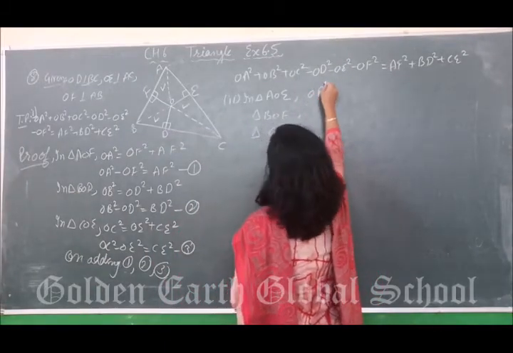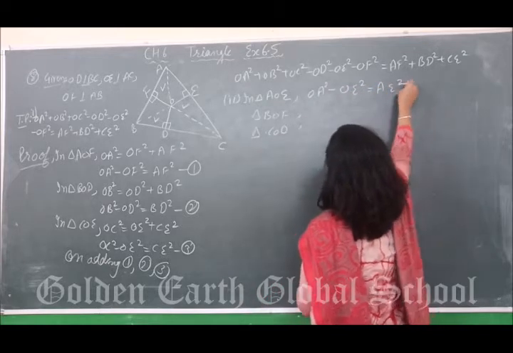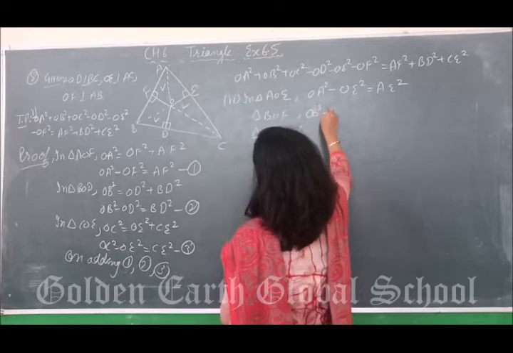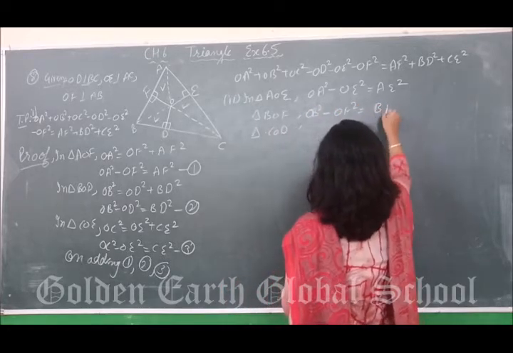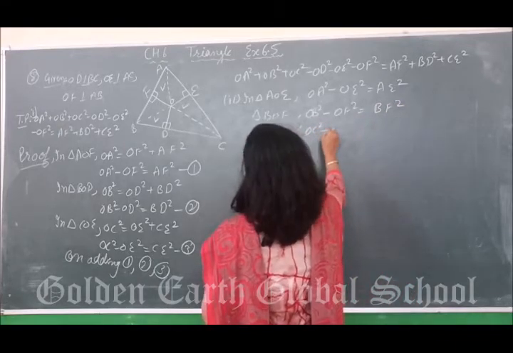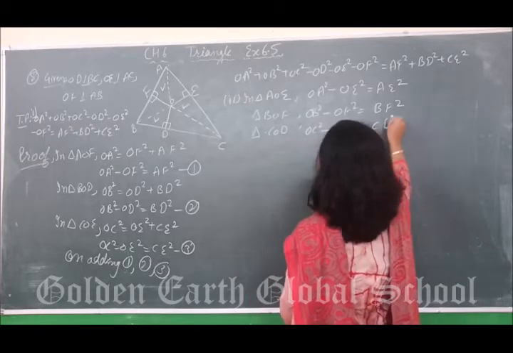We get OA square minus OE square is equals to AE square. For BOF, OB square minus OF square is equals to BF square. In triangle COD, OC square minus OD square is equals to CD square.